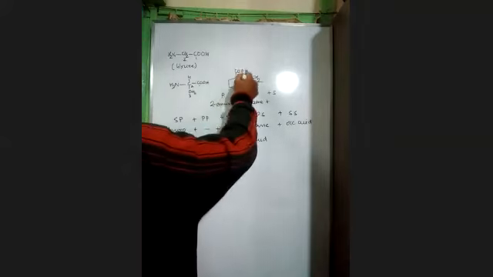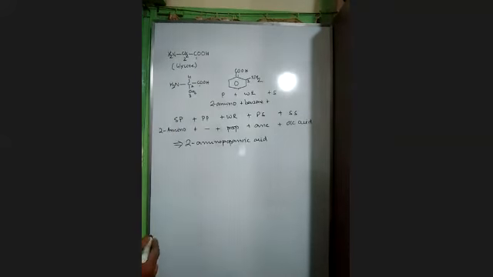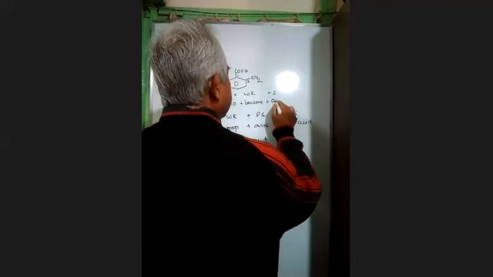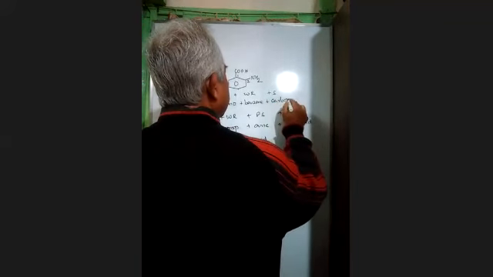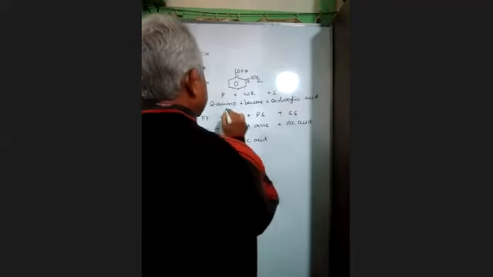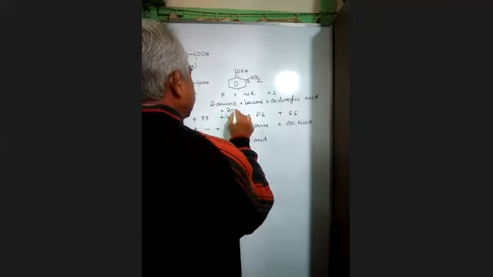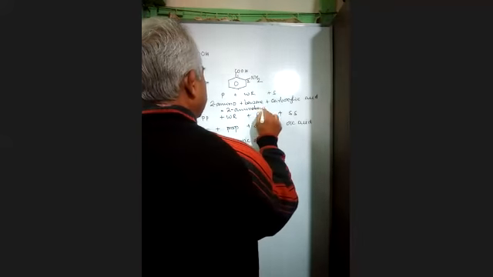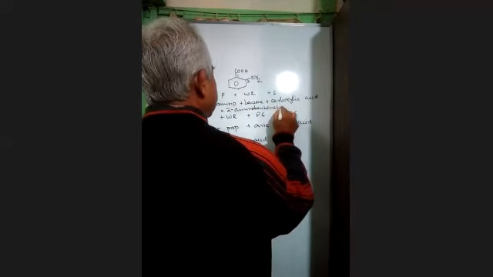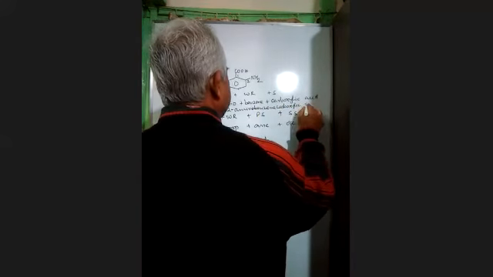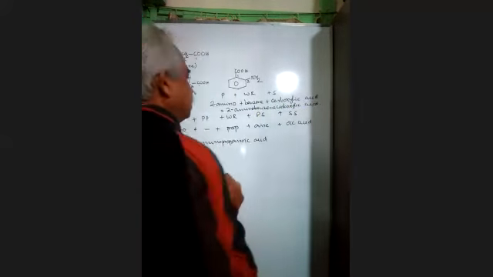Here we cannot put oic acid, because we know if the carboxylic acid group is outside the main chain, then we have to call it carboxylic acid. So the name is 2-amino benzene carboxylic acid.